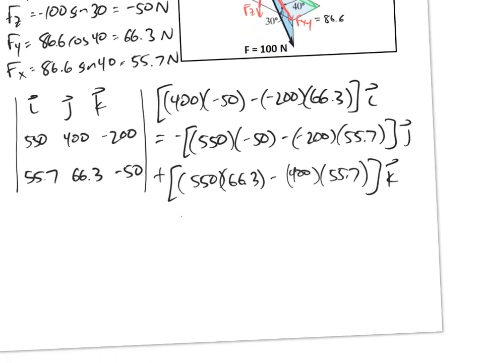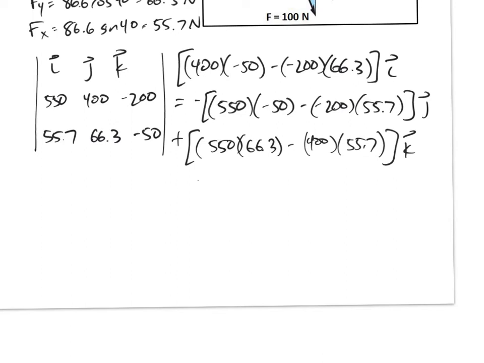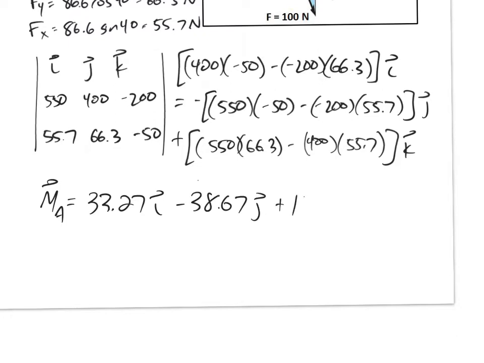So then let's do that math. We would get that the moment about A, and I still have I, J, and K, those don't go away, would be 33.27I minus 38.67J plus 14.2K.